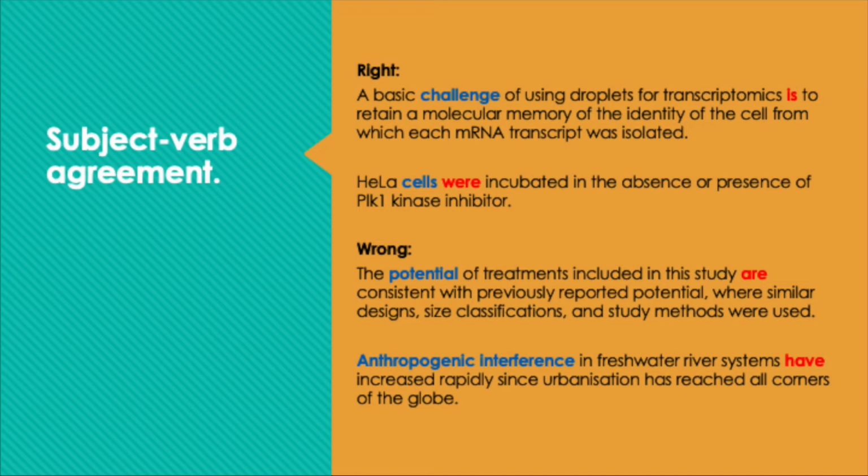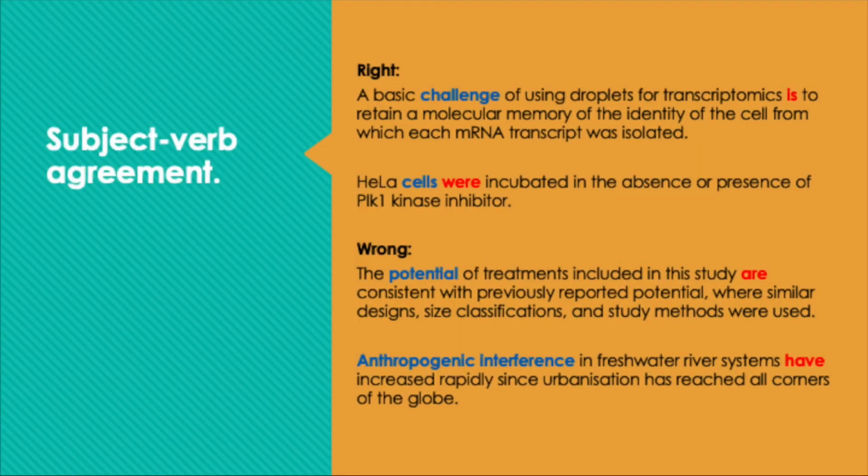Of treatments is modifying potential. So we're talking about the potential is, it should be the potential is consistent with previously reported potentials, right? Not the potential are consistent. So it's a little bit tricky. I hope that makes sense to you. What you need to do is look for the noun that goes with that verb. It's not necessarily how it first appears.